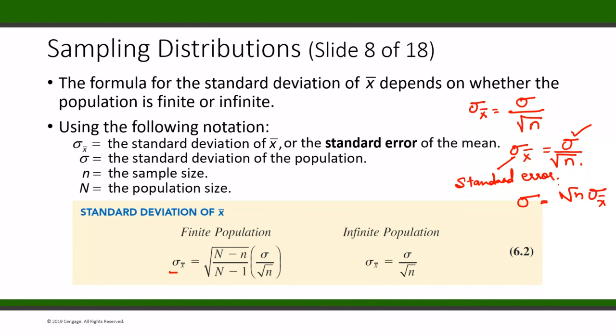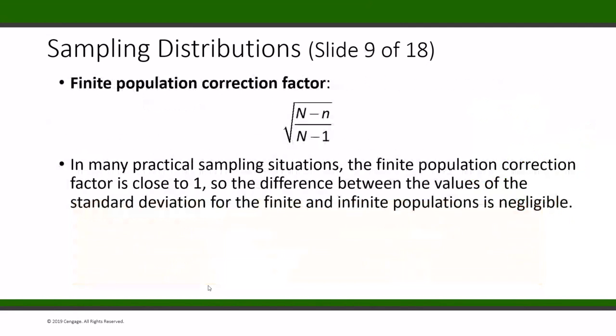I know how many samples there are, so I can find the population standard deviation. I'm sorry, this is for infinite populations, and for finite populations we have a different kind of correction. This thing is the same, but only this extra part comes in for finite populations. It is called the finite correction factor, so this needs to be corrected.